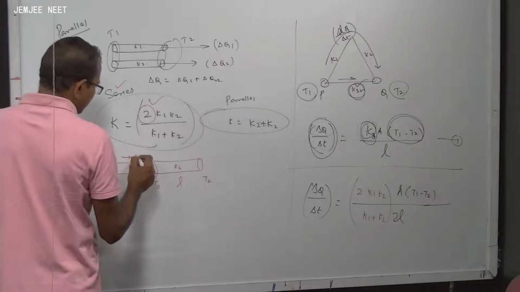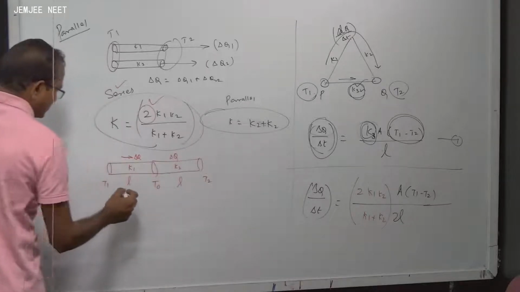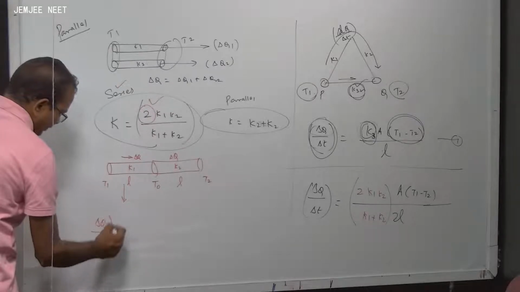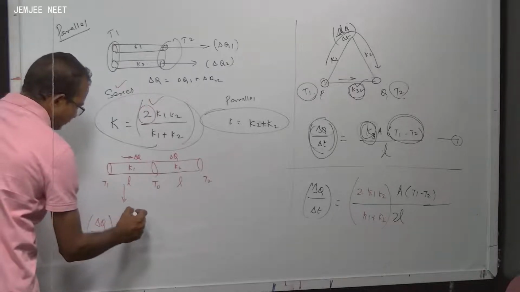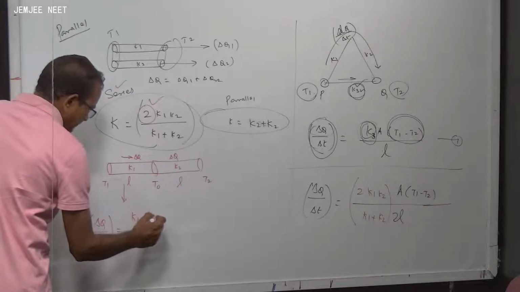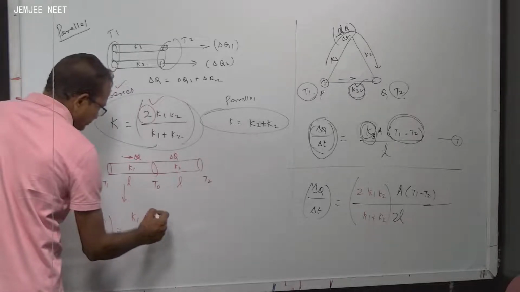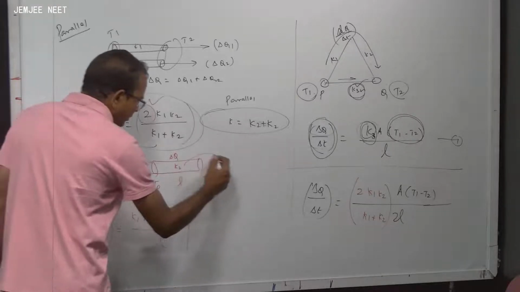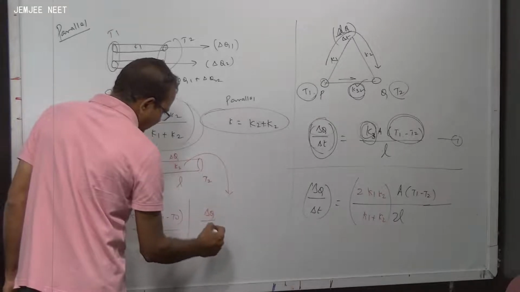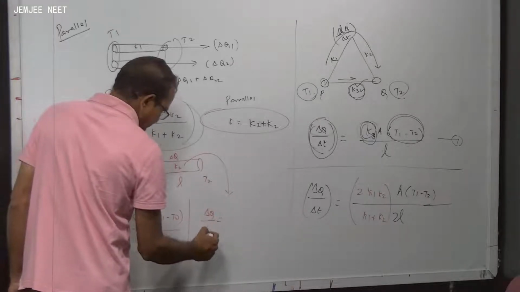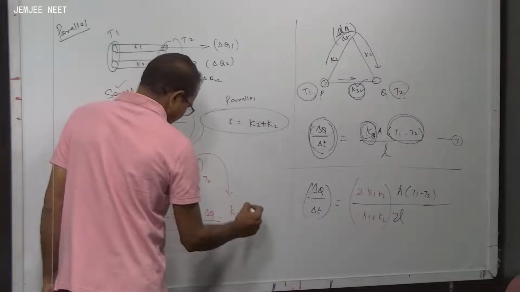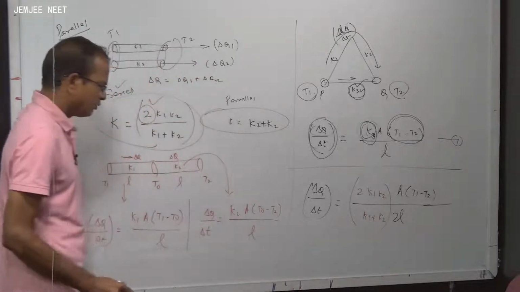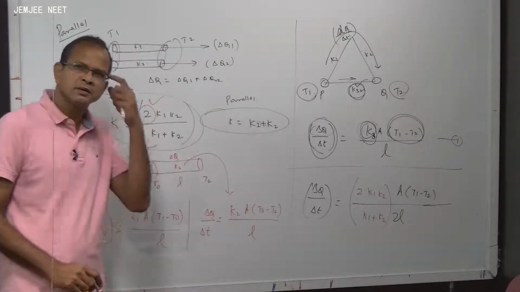So this is delta Q, this is also delta Q. Delta Q by delta t, quantity of heat flowing per second, is equal to K1 A times T1 minus T naught by L. The quantity of heat flowing per second is also equal to K2 A times T naught minus T2 by L. Now are these two equal?